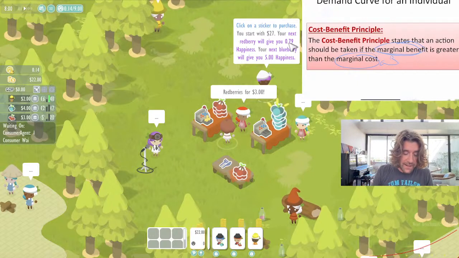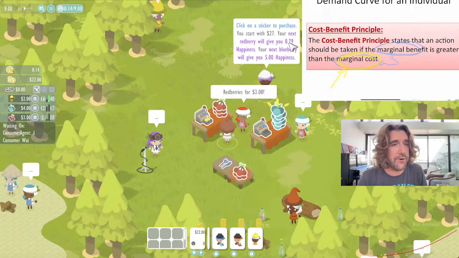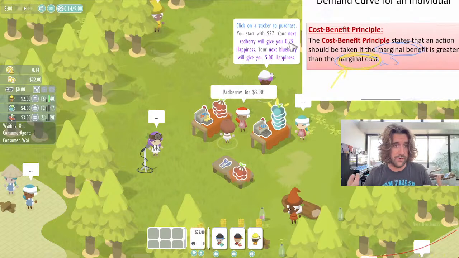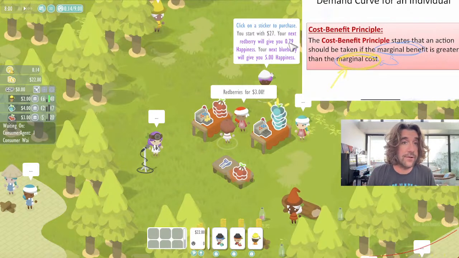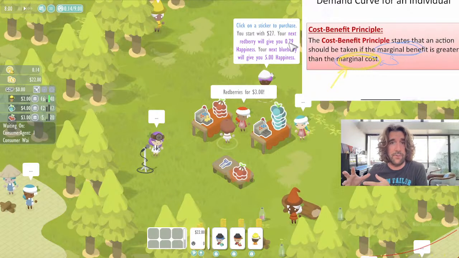The thing that is a little trickier to calculate, as usual, is the marginal cost. In order to calculate the marginal cost properly, you need to understand what is the opportunity cost of purchasing that red berry. Because in this world, there are only two goods, red berries and blueberries, and that's the only use of money that you have in the game at this point. Well, buying a red berry just means that you're going to have to sacrifice a little bit of blueberries.